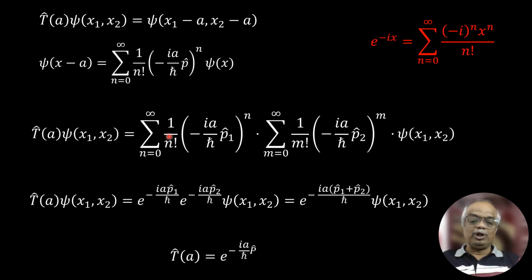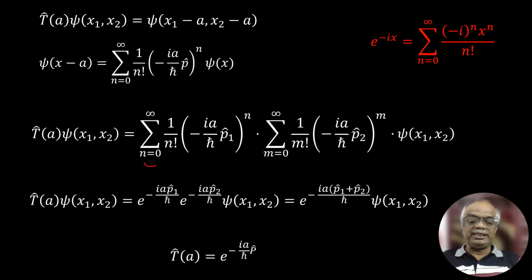So for x1 I write this as it is, replacing p by p sub 1, whole power n, and then the summation over 1 over m factorial for the other particle, minus i a over h cross times p sub 2, whole power m, multiplied by psi of x1 and x2.